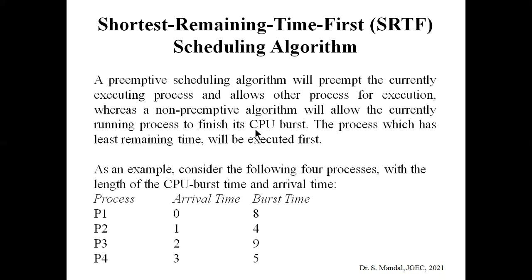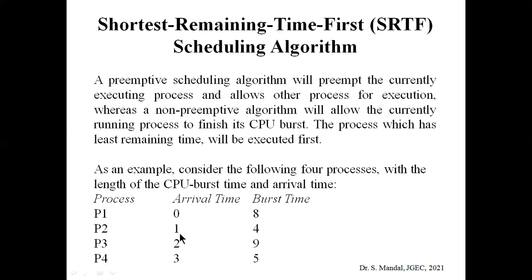For the SRTF algorithm, the process which has the least remaining time will be executed first. Consider the following example, where we have four processes with arrival times of 0, 1, 2 and 3 milliseconds respectively. P1 arrives in the ready queue at 0 milliseconds, and the CPU is available, so obviously P1 will be executed.